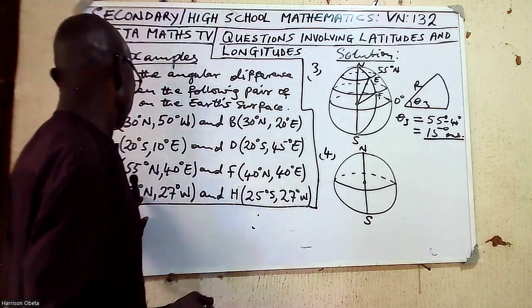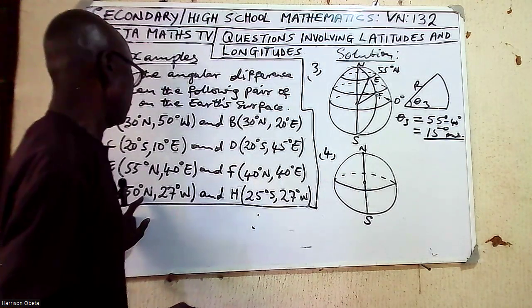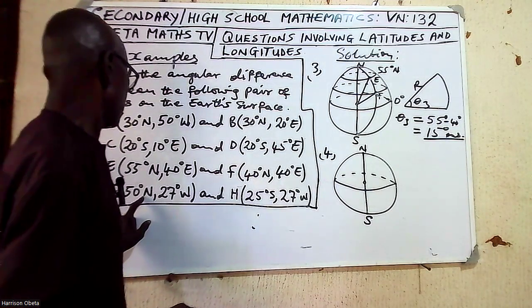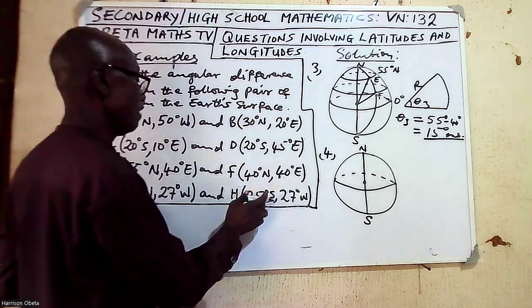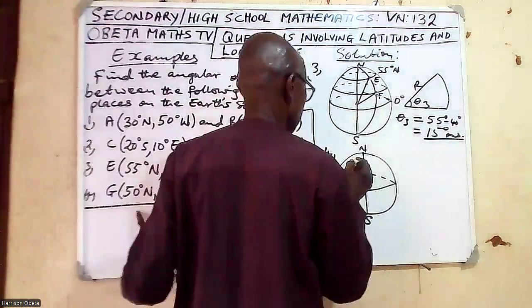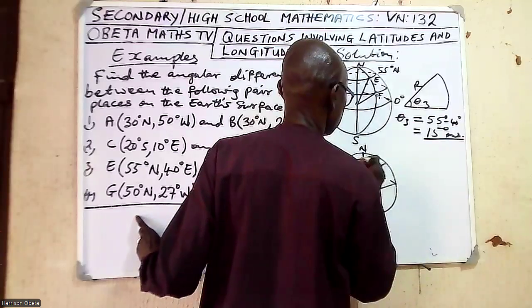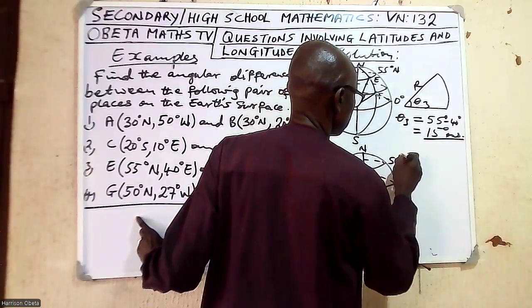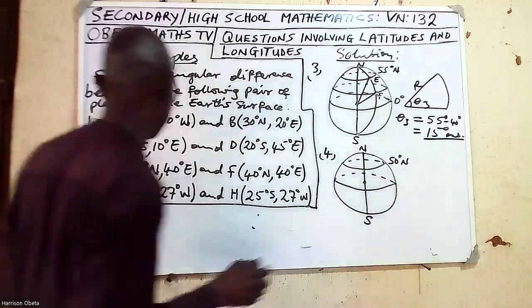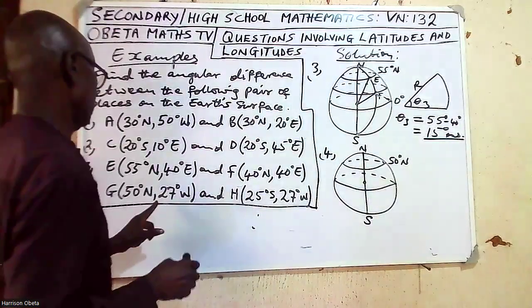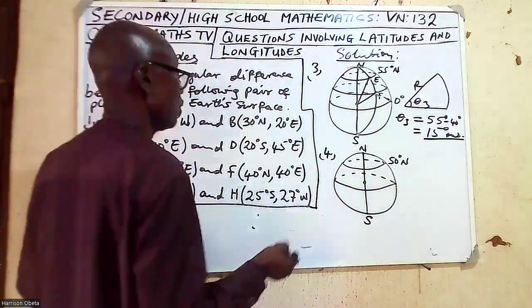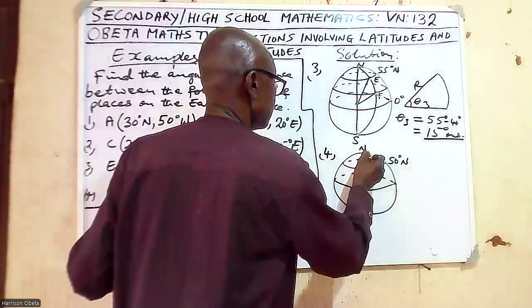So this is 50 degrees north, 25 degrees south. 50 degrees north, then 25 degrees south, 27 degrees west will indicate.